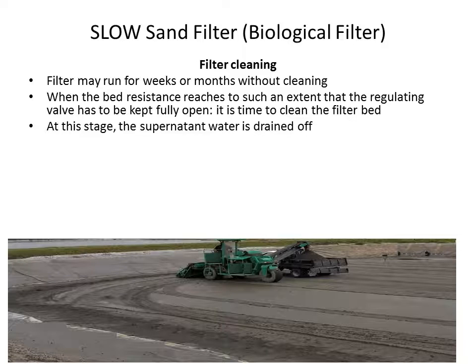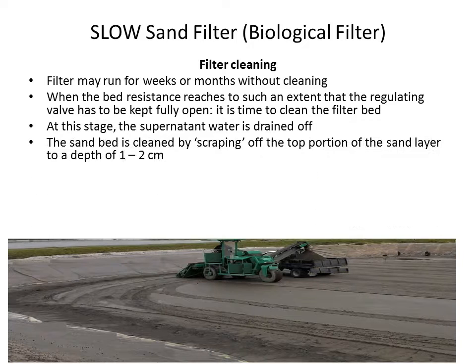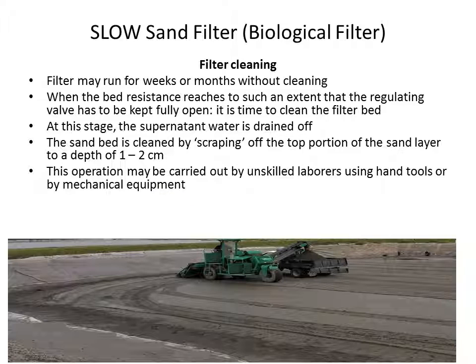At this stage, the supernatant water is drained off and the sand bed is scraped off. The top portion, 1 to 2 centimeters, is scraped off, which can be done by unskilled laborers using hand tools or by using mechanical equipment.